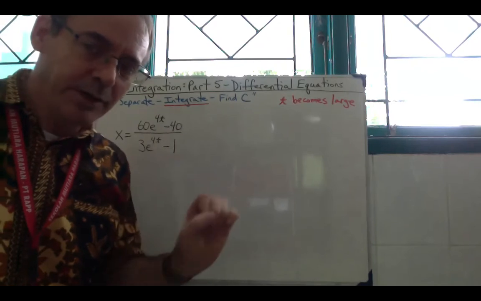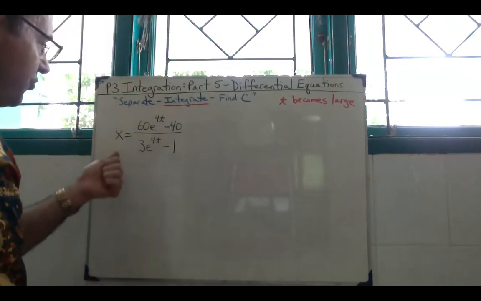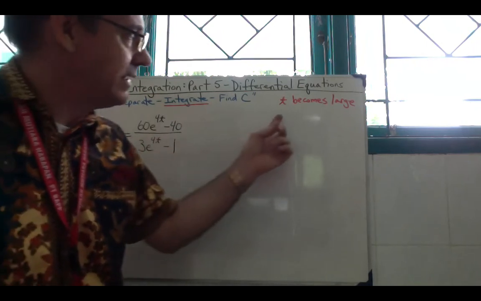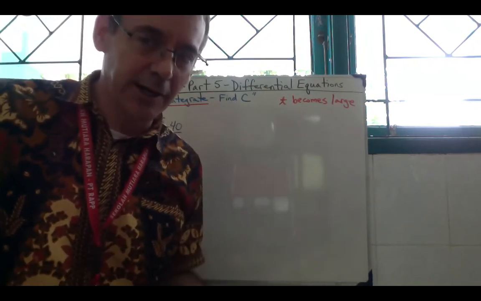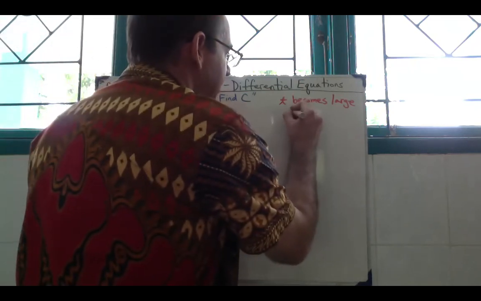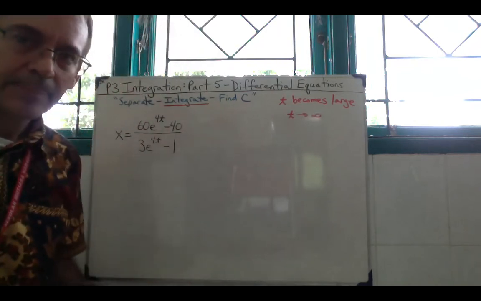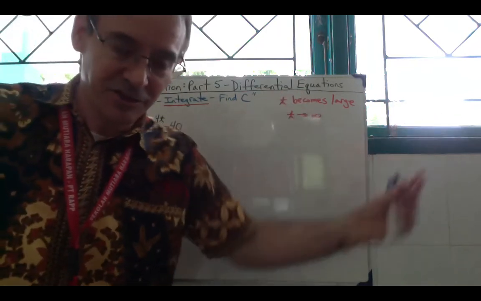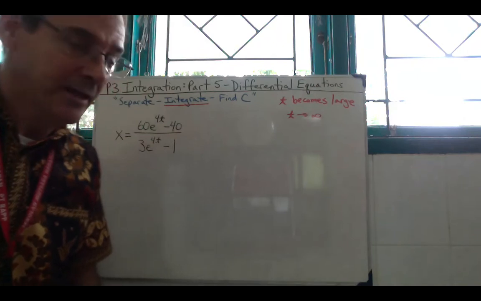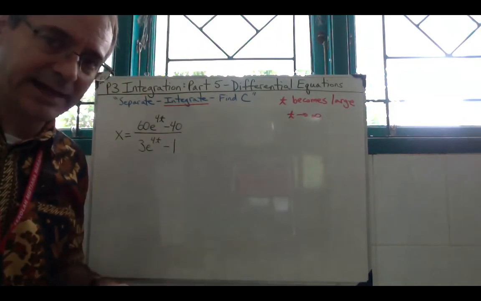Now that second part of the question says, what happens to x when t becomes large? And really what it means is, as t approaches infinity, that's becoming large, just going on basically forever, what happens to the value of x?